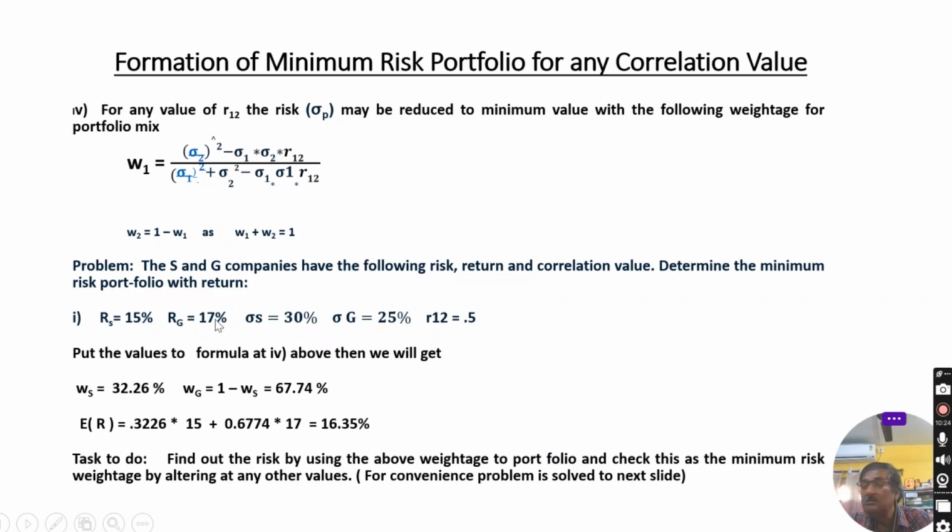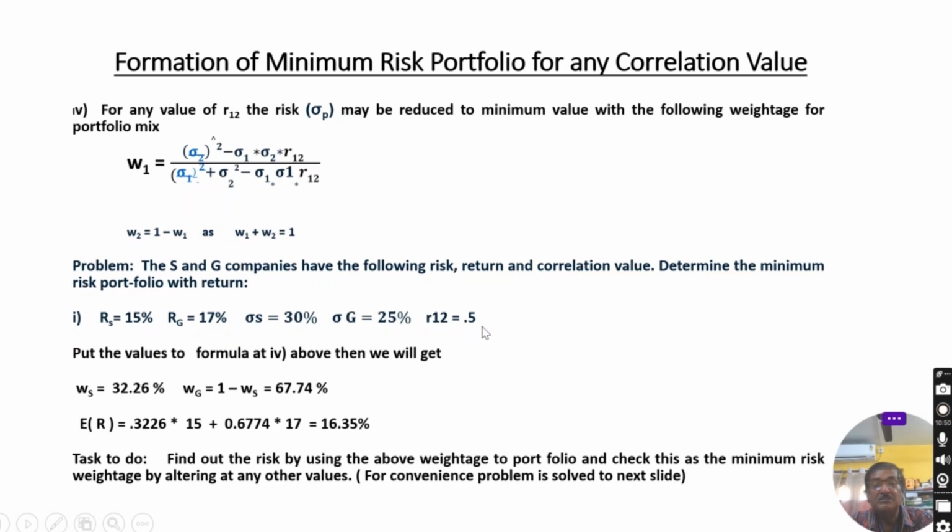The return percentage for company G is 17%. The standard deviation is 30% for S, and the standard deviation for the returns of company G is 25%. And the correlation coefficient between the returns of both companies S and G is 0.5.